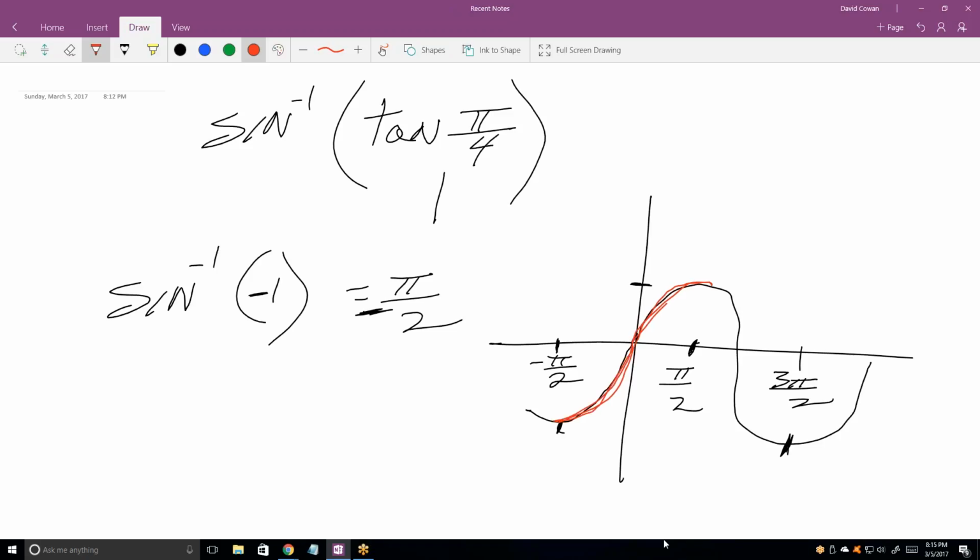So when you're taking the inverse sine of -1, you don't get 3 pi over 2. You get minus pi over 2. Now, technically, I suppose they're both the same answer. But if you actually do that in your calculator, it will give you minus pi over 2 or minus 90 degrees. It will not give you 270 degrees.